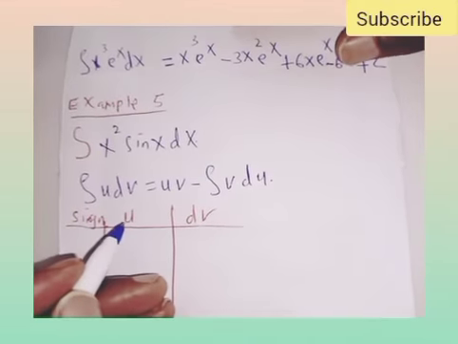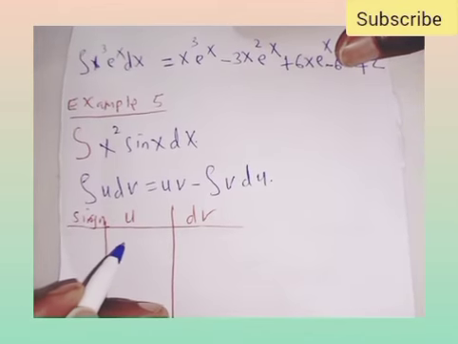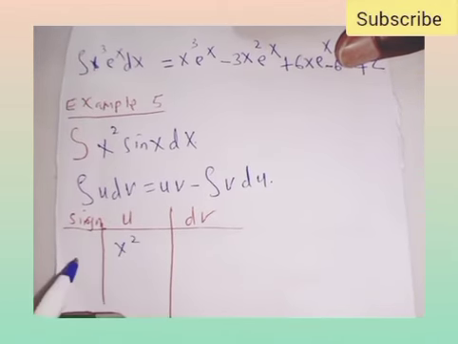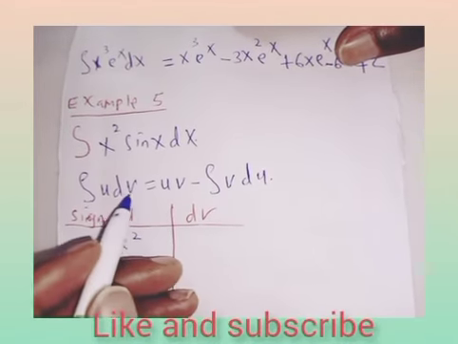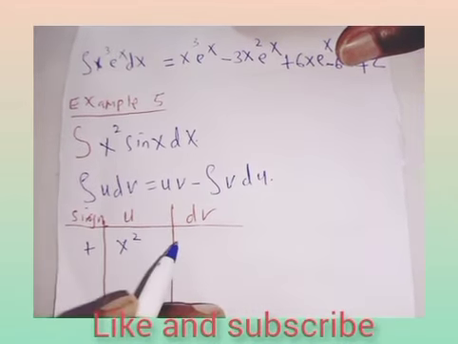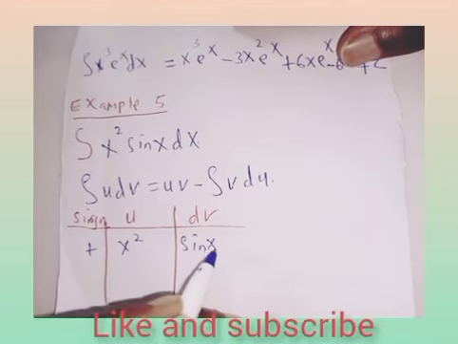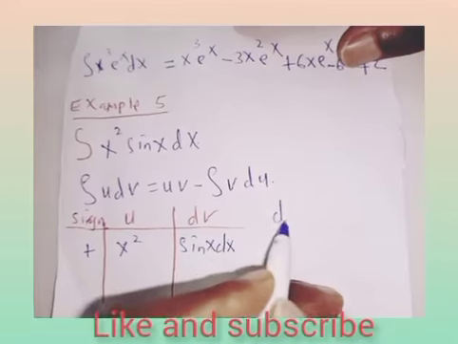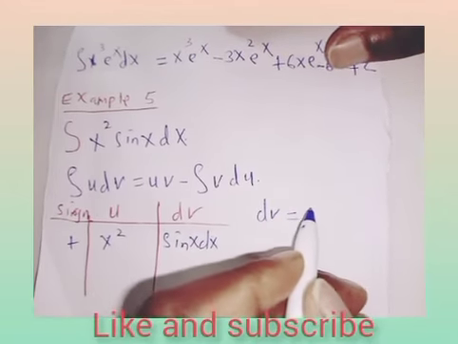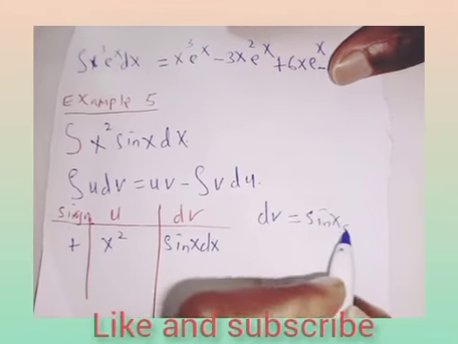So in this case, we can let our u to be x squared. The first sign is positive. We let our dv to be sine of x dx. So integrate dv, which is equal to sine of x dx.